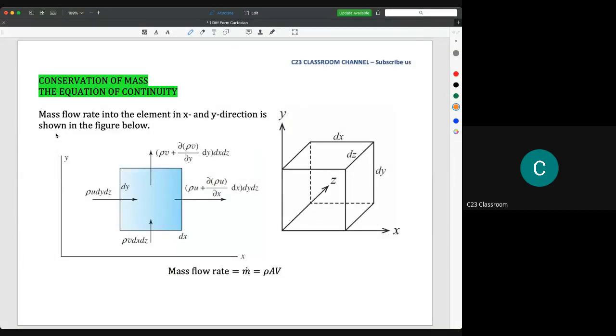In certain textbook, they write this term as, so the basic idea is rho a and v, and we know that the density is not changes, and the area here is not changing. So the only possibility is the changes of velocity, whether the flow is become slower or faster.